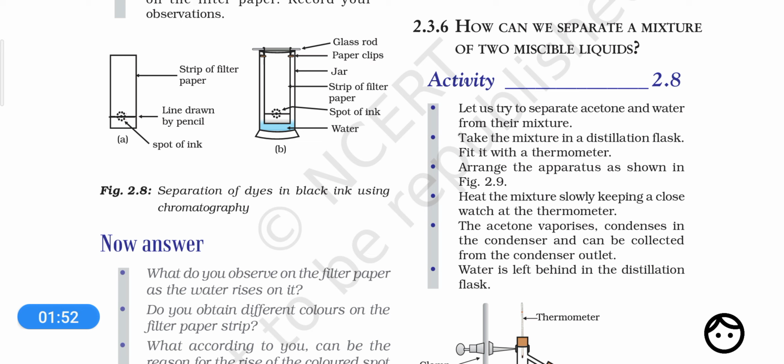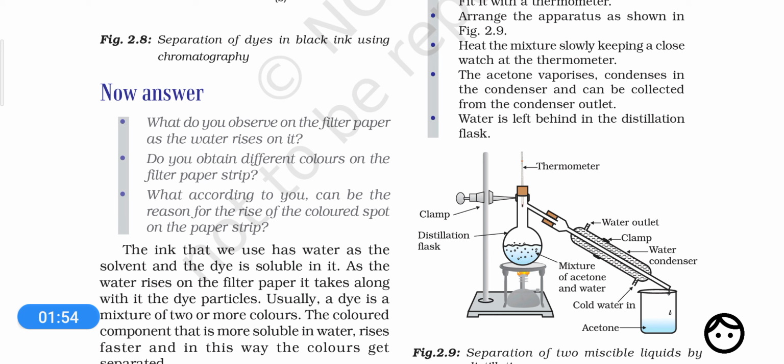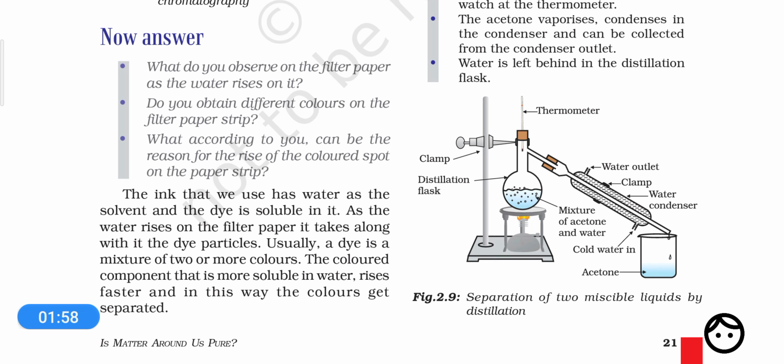Now let's understand all what is being shown here. Look at figure number 2.9. First of all, we will take this round bottom flask. Here is the flask, and we will take a mixture of acetone and water. Here you can see the mixture of acetone and water has been taken in the flask.